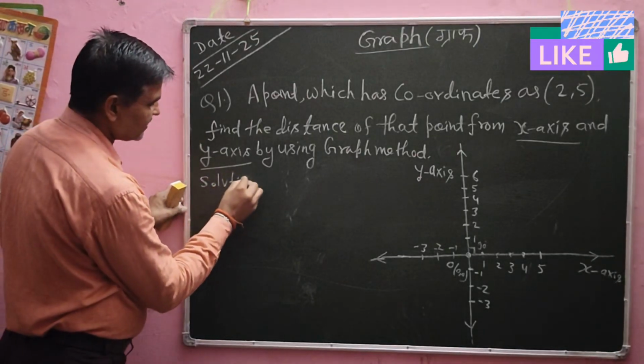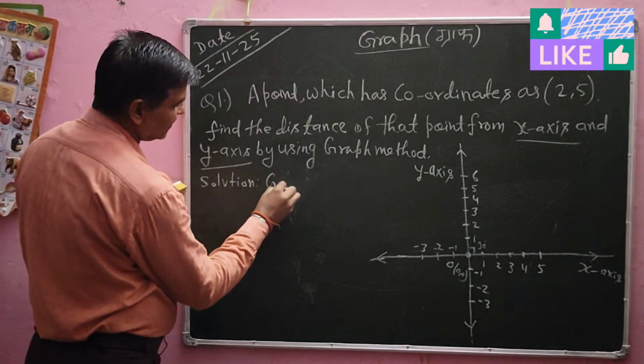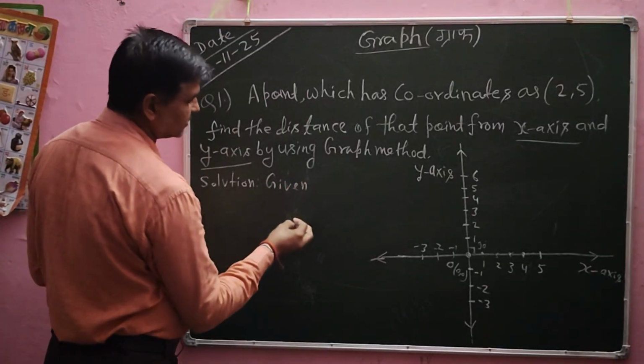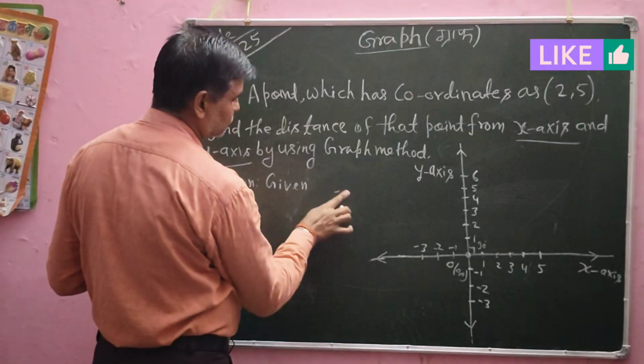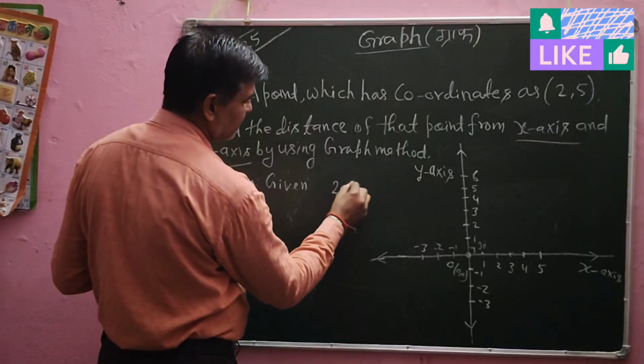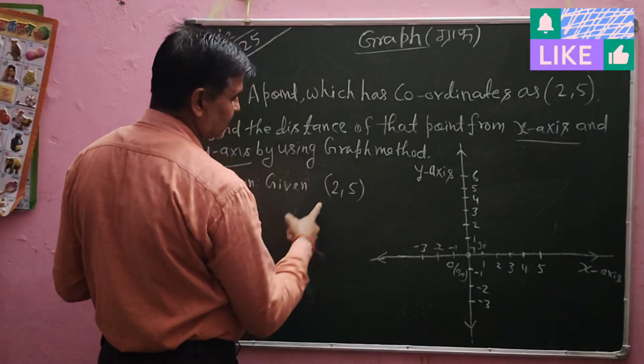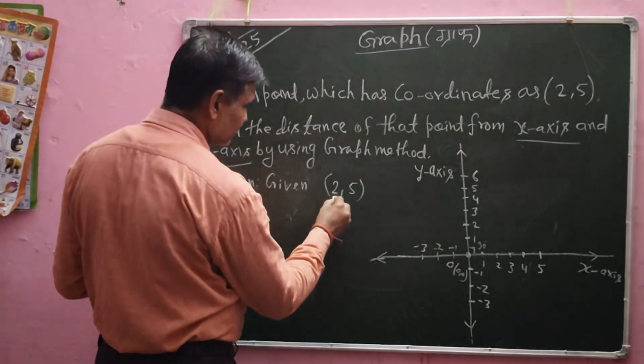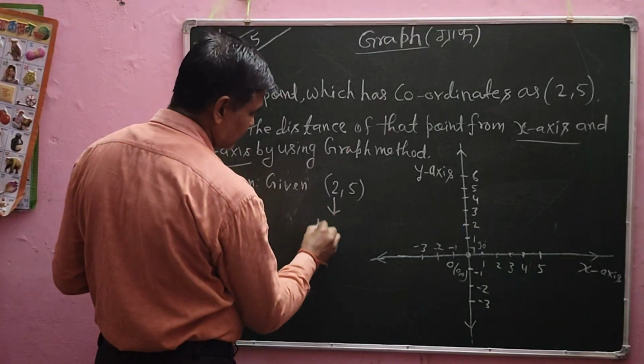First of all I have to write, given that, the information given is 2 comma 5. Now I will say this is the point. Now this x is known as abscissa.